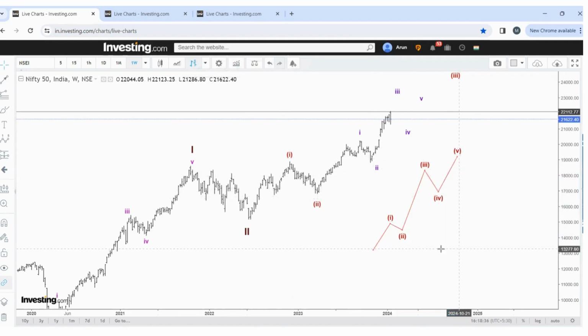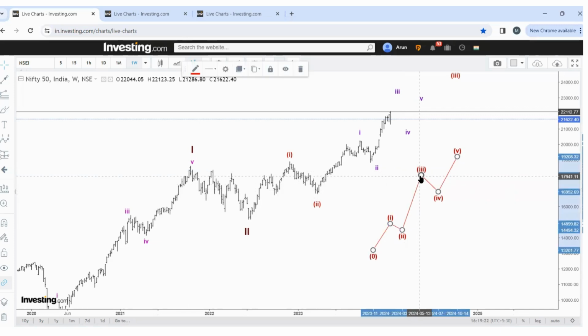The third wave cannot be the shortest, right? So the usual character is that it is more than 100%, because otherwise wave 1 would be the shortest. In that case wave 3 cannot be the shortest. You got it, right? So that is why we are checking whether 100% is reached or not. Usually wave 3 moves beyond 100% and normally stops at 1.618.